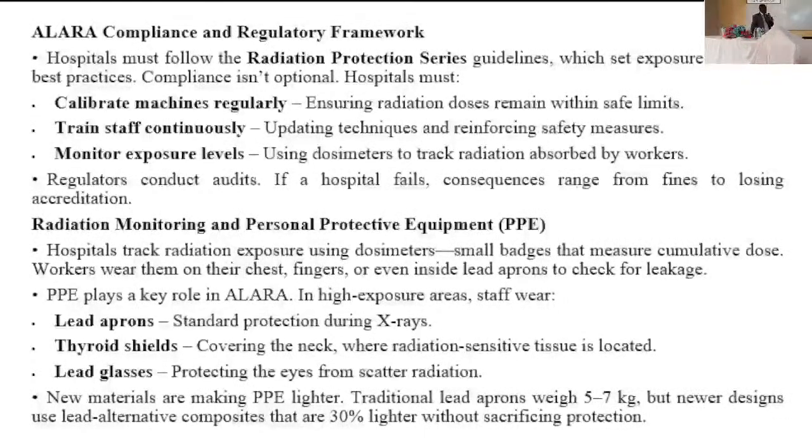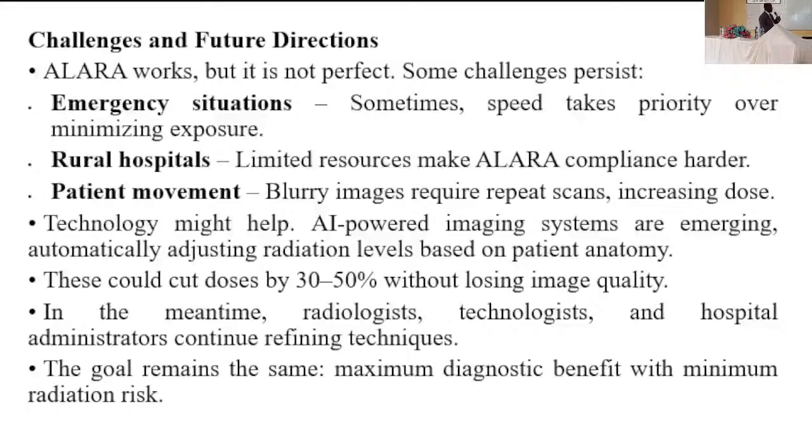Traditional lead aprons weigh 5 to 7 kilograms. But newer designs use lead-alternative composites that are 30% lighter without sacrificing protection. So there are other materials that are lighter and as effective as lead and can be used as protection.